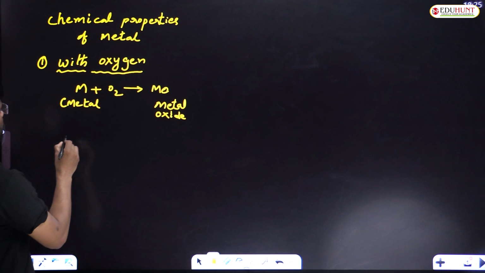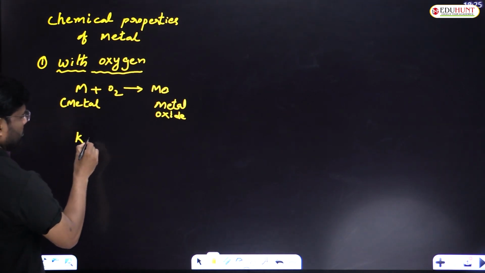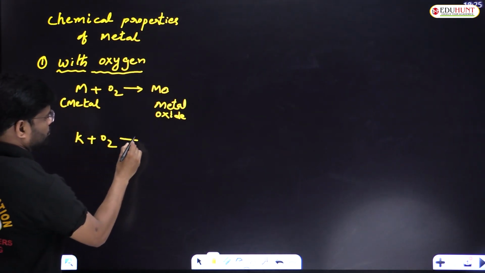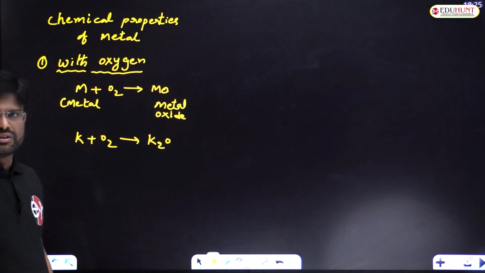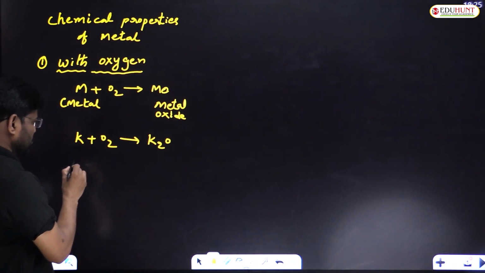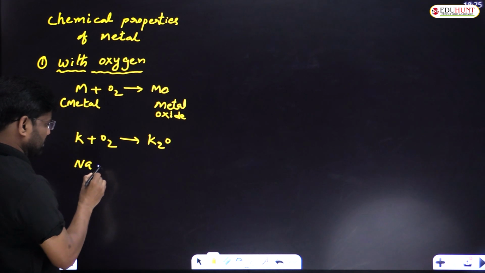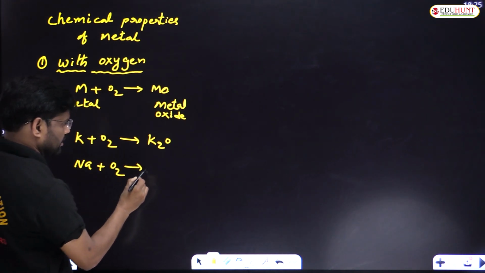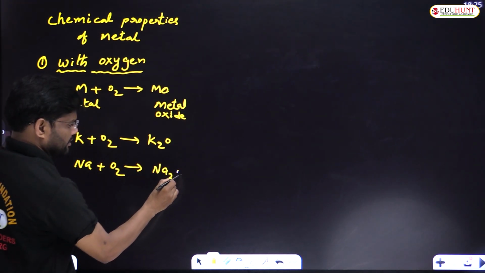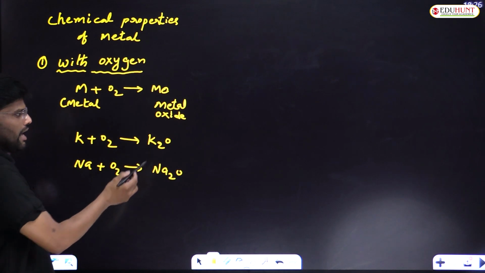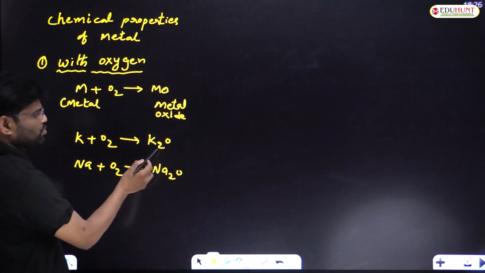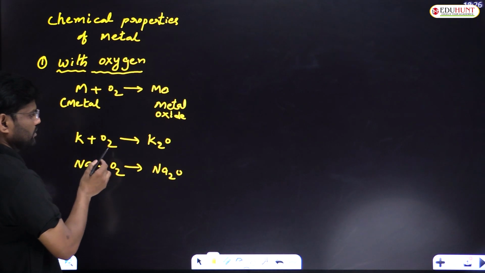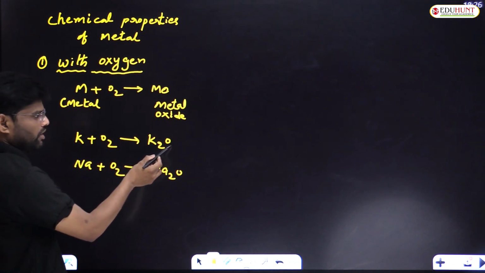Potassium reacts with oxygen to form potassium oxide, and sodium reacts with oxygen to form sodium oxide. To balance these reactions: here 2 potassiums, here only 1 potassium; here 2 oxygens, here only 1 oxygen.